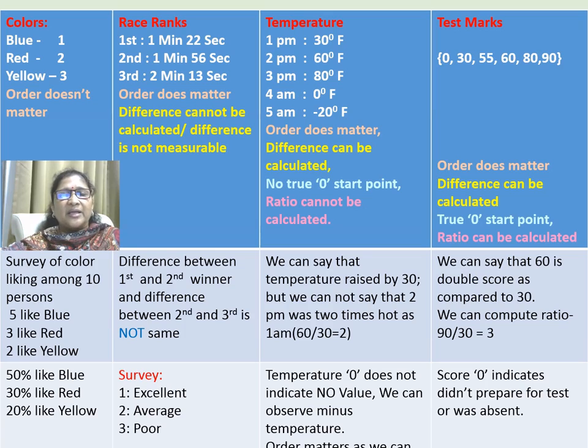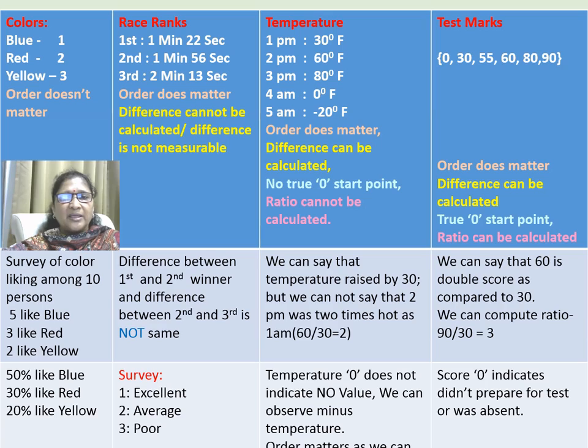Another example, say there was some race conducted and the ranks: first rank holder, second rank holder and third rank holder. So order matters. Say the first rank holder, if it was a running race, completed the race in 1 minute and 22 seconds. The second one finished in 1 minute and 56 seconds. The third in 2 minutes and 13 seconds.